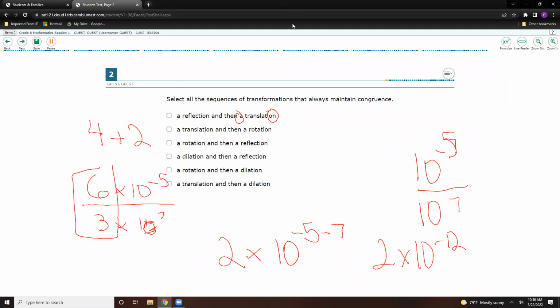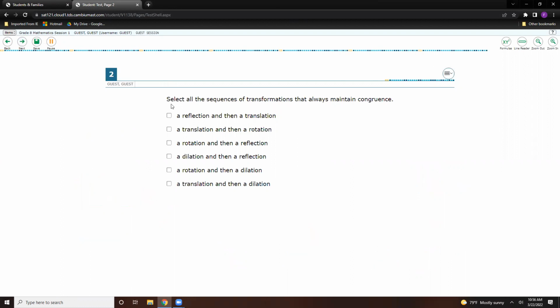Next question, let me clear all that. Select all the sequences of transformations that always maintain congruence. The only one that does not maintain congruence is the dilation.